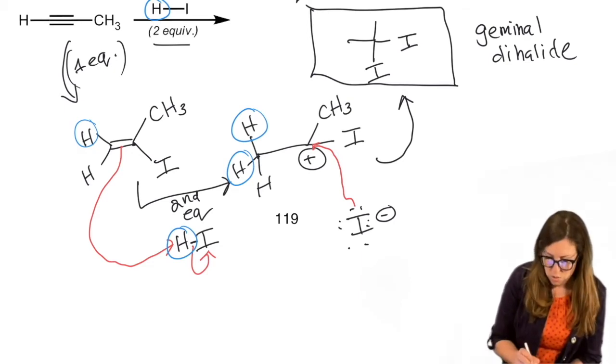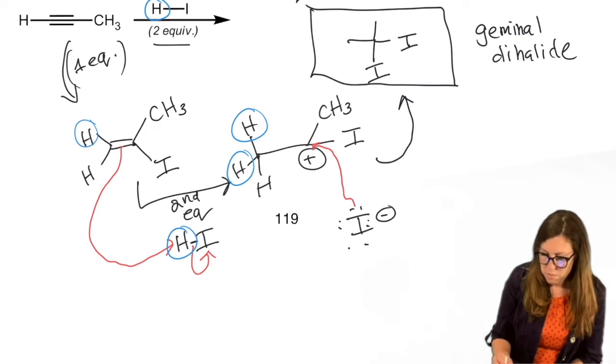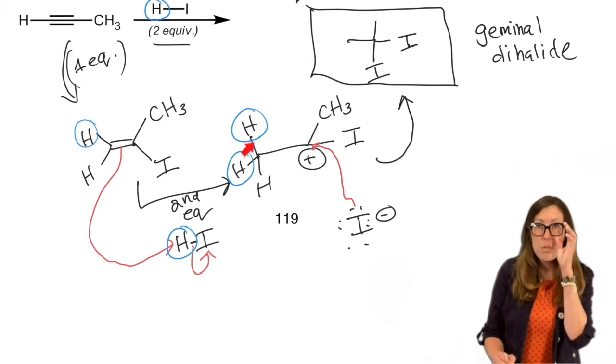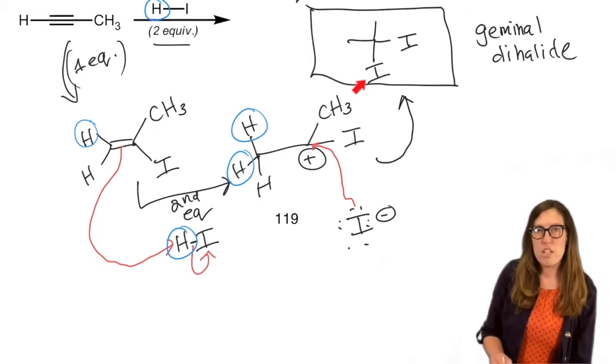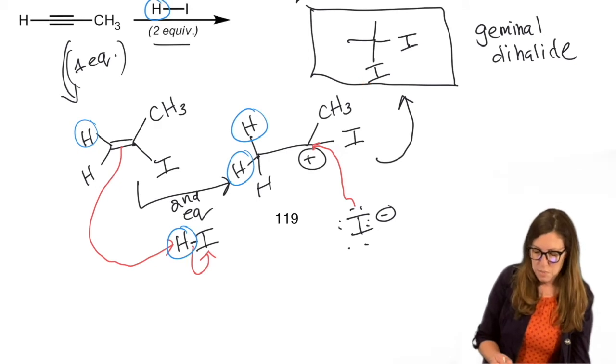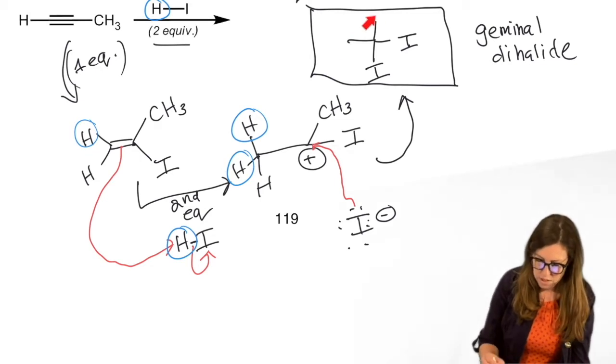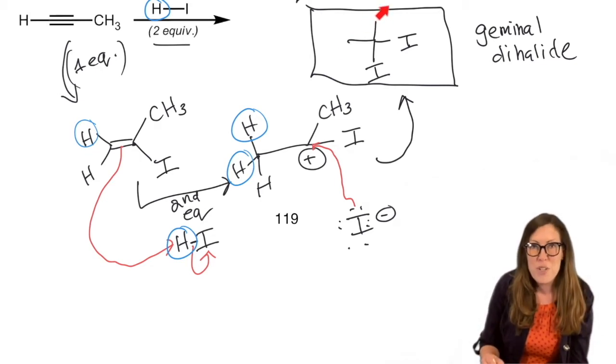So if they're on the same carbon, they are geminal. Of course, we did add new H's. I didn't draw them in because as I simplify the structure for the final product, they don't have to be, but if it makes you feel better, you could draw on the new H's. There's two blue H's there. The original black H is still there. And then this CH3 has all original H's.